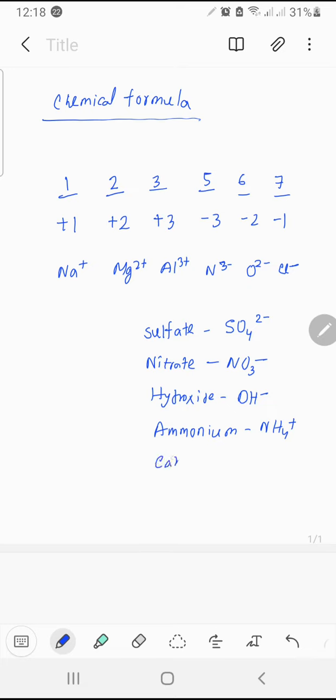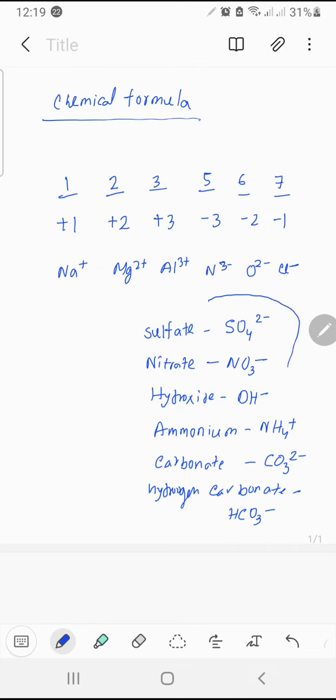Carbonate, CO3 2-. Hydrogen carbonate. What is the formula? HCO3-. Very simple. I need you to remember only these ions, nothing less, nothing more.